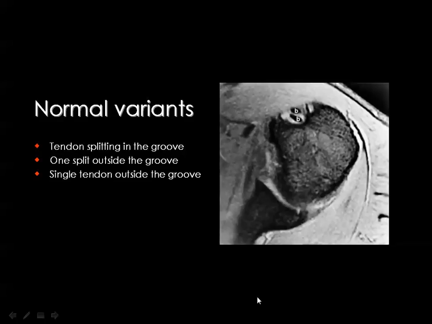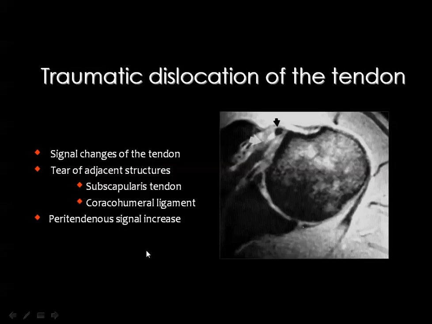Sometimes you get a normal variant splitting of the biceps tendon into two parts, and this can be easily discriminated from traumatic splitting by the absence of history of trauma and absence of evidence of trauma in the images, like bone marrow contusion, soft tissue edema, and hemorrhage around the affected tendon.